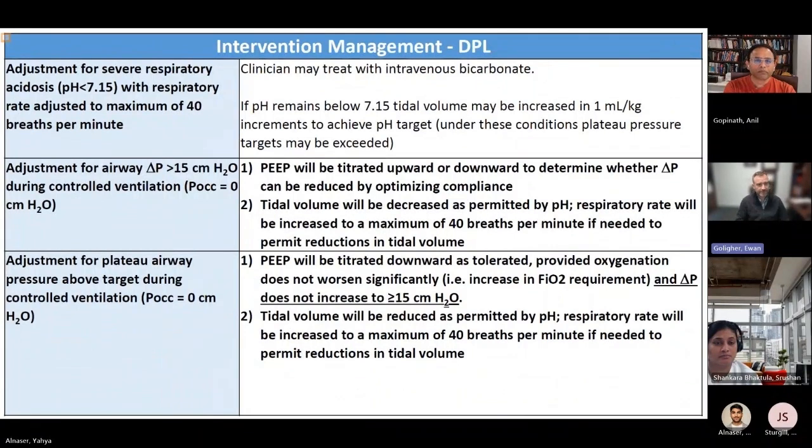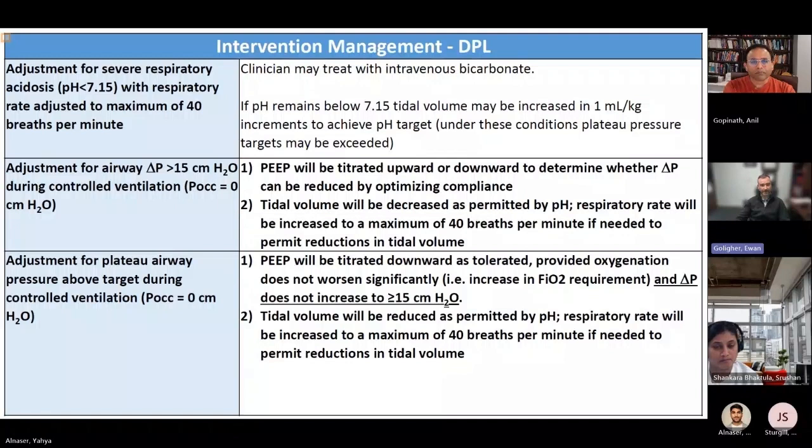If the patient develops a severe respiratory acidosis, you can consider administering IV bicarb. If the pH is below 7.15 and the respiratory rate has been maximized up to 40, you can increase the tidal volume in 1 ml per kilo increments, but we're really hoping to keep the driving pressure at or below 15.